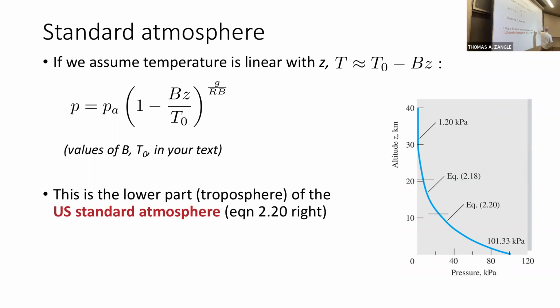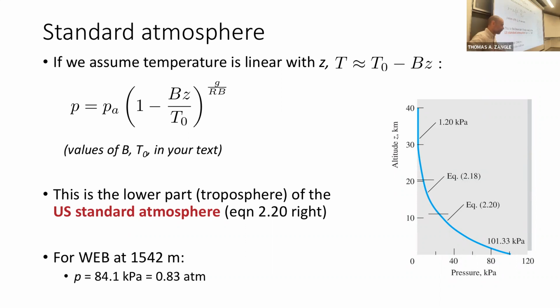But then there are two other parts as well, given in your textbook. And this is defined as the US standard atmosphere. So if you need to know how atmospheric pressure changes with elevation or altitude in general, this is a good place to start. So, for example, for Salt Lake City, we get about 0.83 atmospheres.